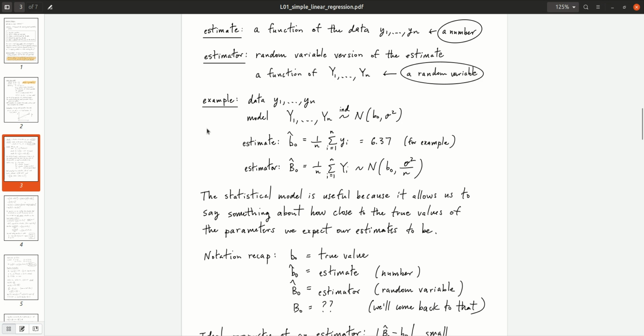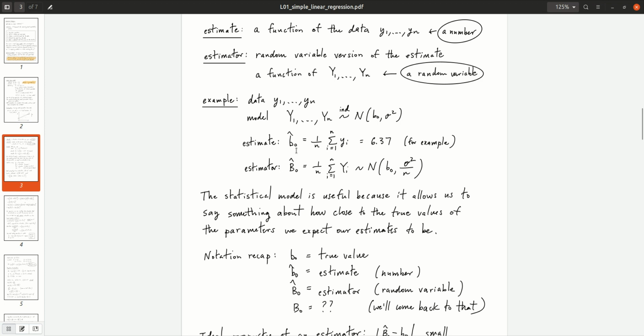And our model for these data is big Y1 up to big Yn are independent normals with mean b0 and variance sigma squared.